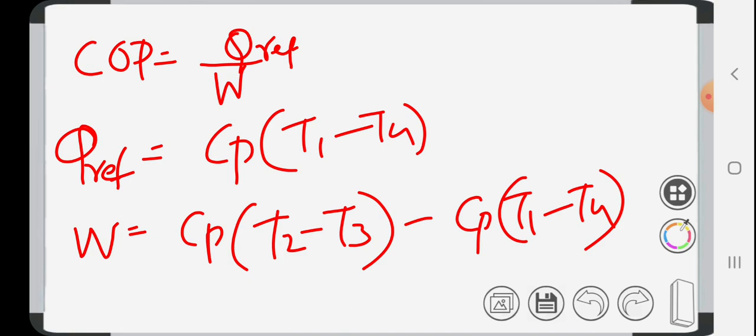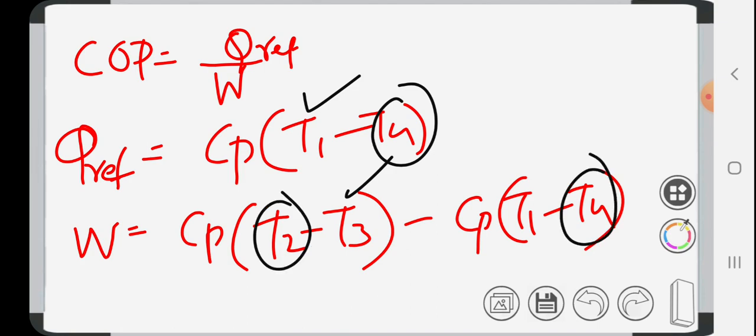Now the values of T1 and T3 are given, but T4 and T2 are unknown. So how do we calculate those values?